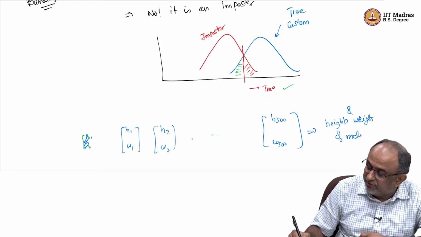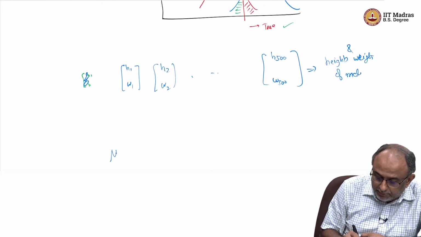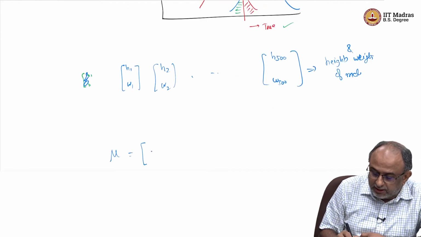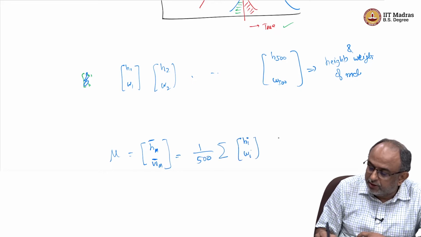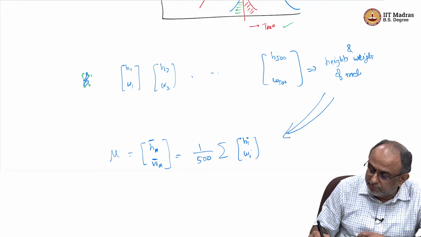Then the mean is very simple. Mu will be the average height of male and the average weight of male, which will be nothing but 1 by 500 summation of hi, wi, which are coming from here.